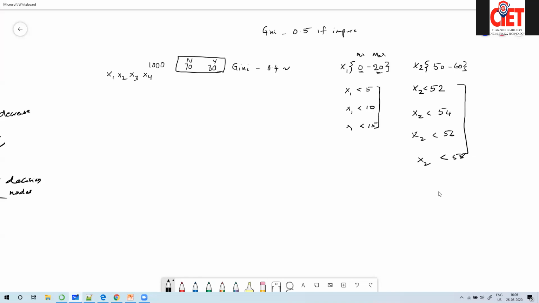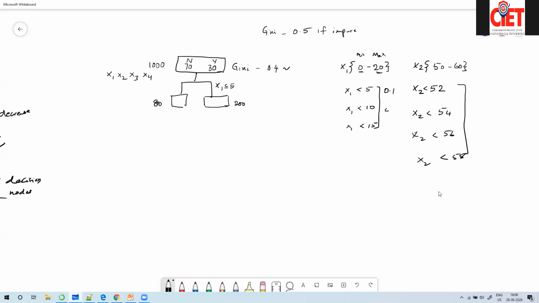Now, for this split point, if we separate the data based on x1 less than or equal to 5, we got, let's say, some 800 observations here and 200 observations here. x1 less than or equal to 5 gave a Gini of 0.1.